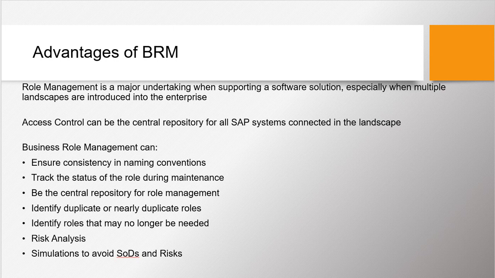If your GRC system is connected with, let's say, an ECC system or S/4HANA system, and your BI system, CRM system, Solution Manager, and HANA, you can connect all those systems to your GRC system and manage the roles within those systems through Access Control using the BRM module. So that is a big plus point for us.